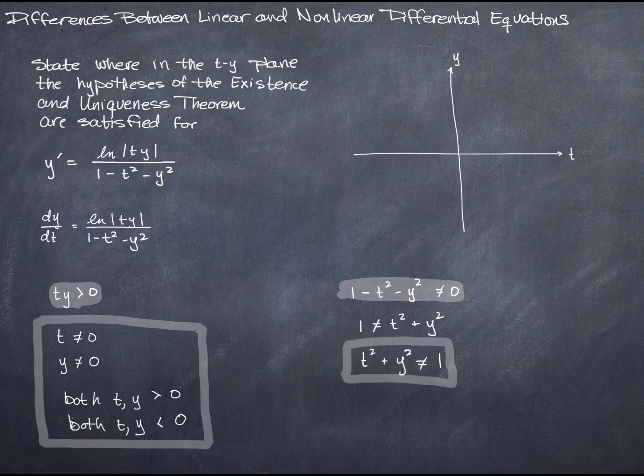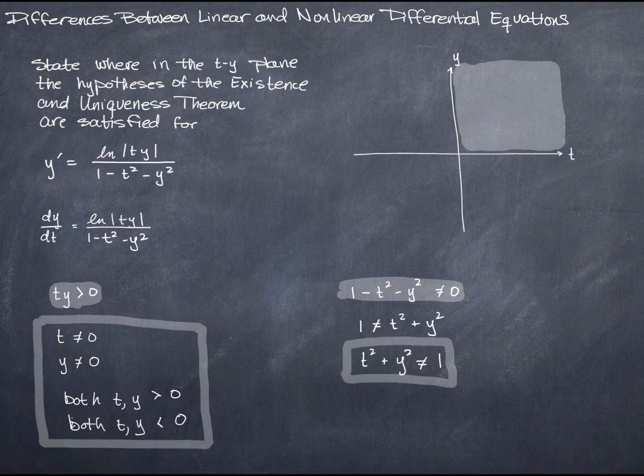So what I want to do now is take a look at what this looks like on the graph. Let's find all the places where t and y are greater than 0, but neither one of them is equal to 0. I think I'll use a highlighter for this as well. If t and y are both positive, then we're going to get all of the first quadrant, right?